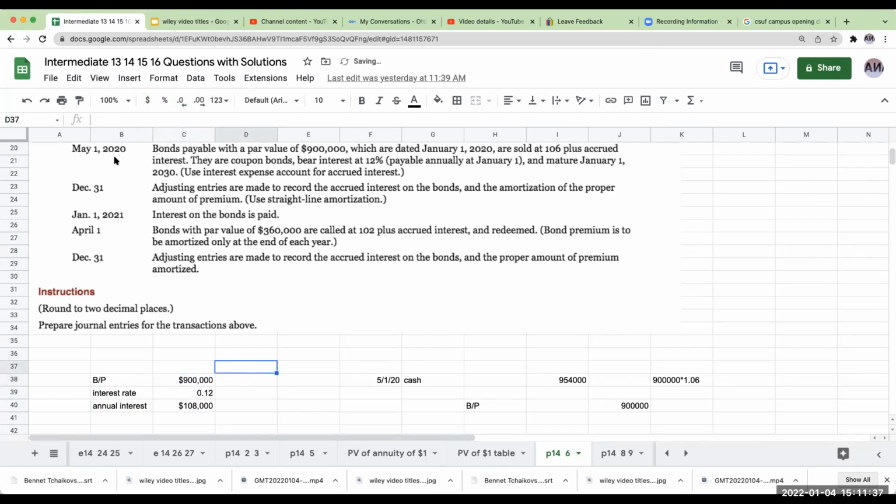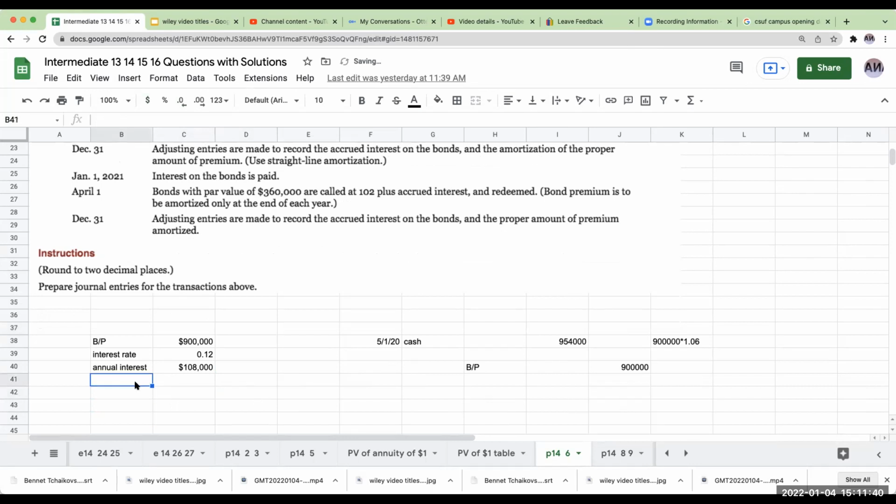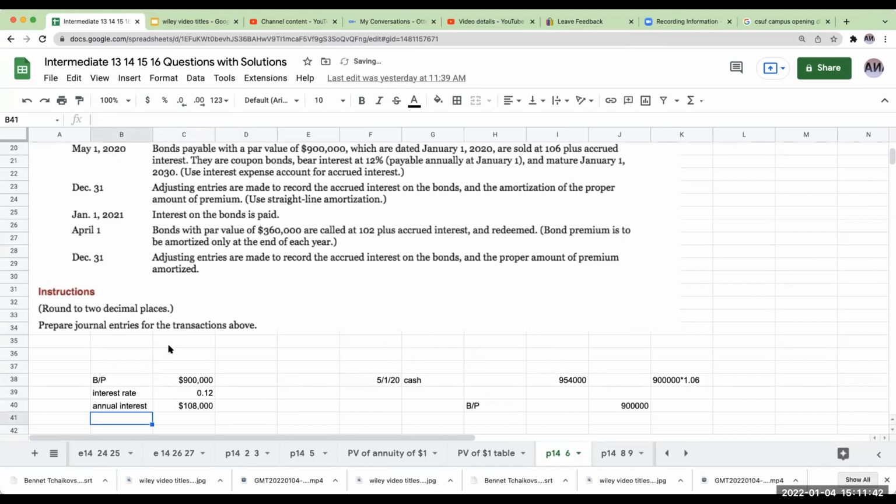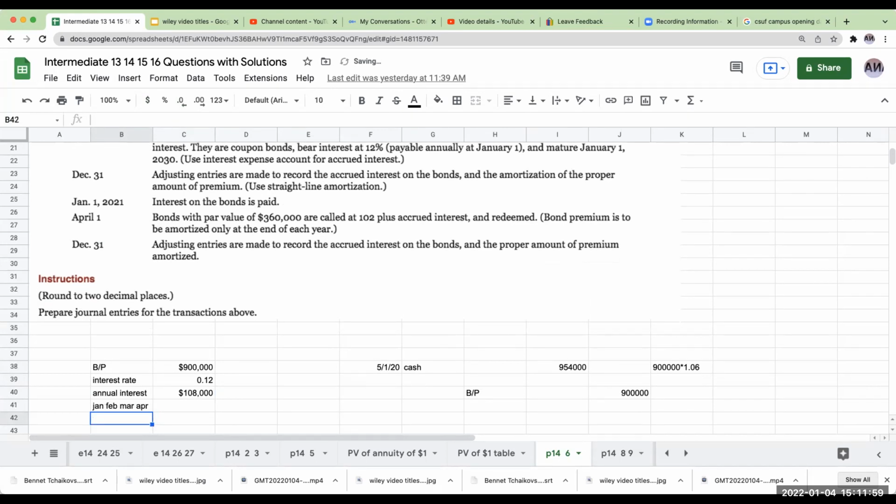However, we're selling these on May 1st. So the accrued interest: at the end of the year, or January 1st the following year, it's going to pay out 108. But since this investor is buying it mid-year, we have January, February, March, and then April.